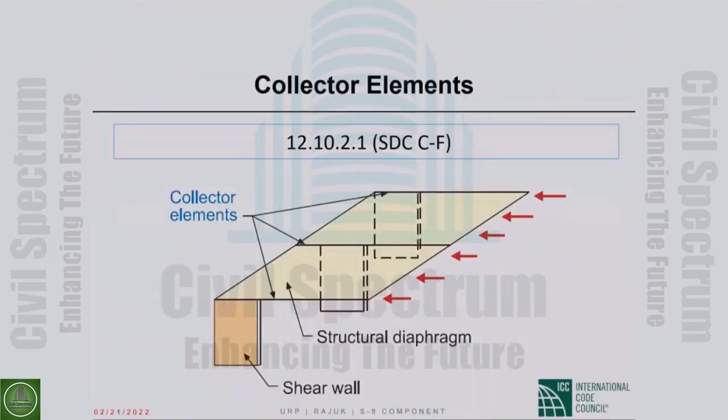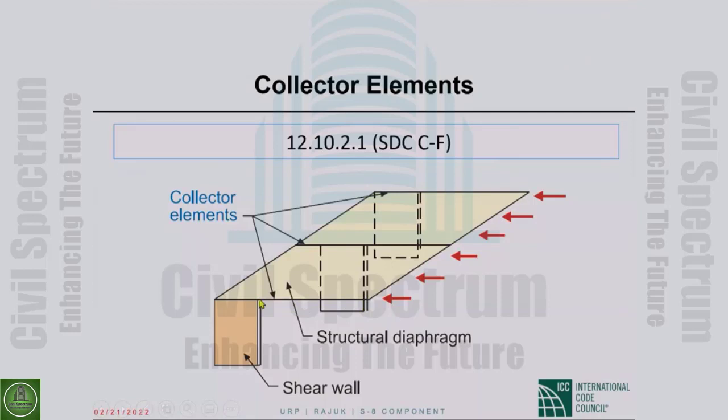Okay, collector elements. I used this picture in one of the earlier segments, and I have mentioned this already. So this is the diaphragm. These are the lateral forces. If this is the direction of the lateral forces, this edge of the diaphragm will be in tension, that will be in compression, and there will be shear forces along the diaphragm edges.